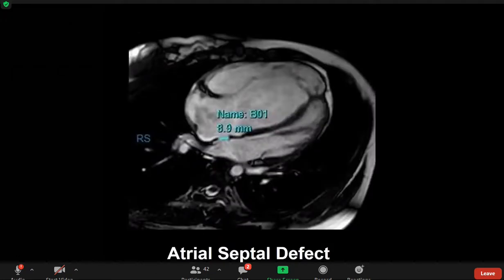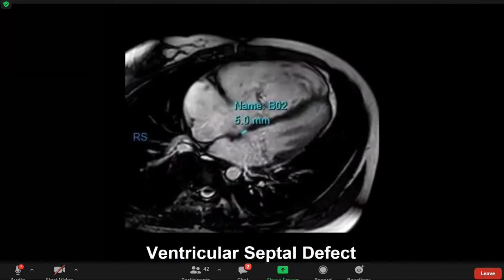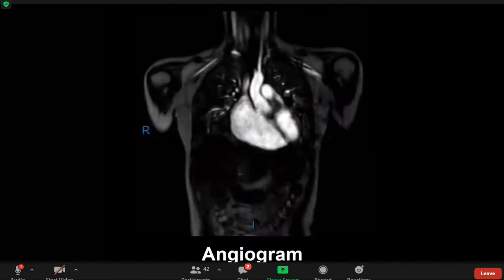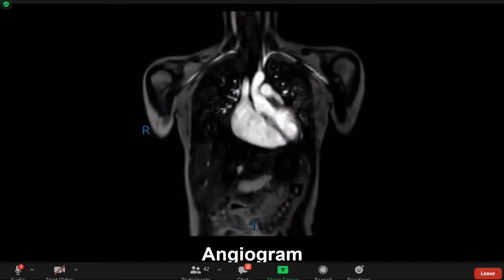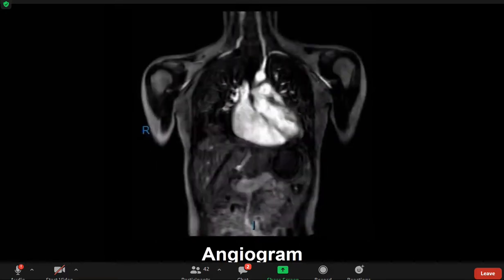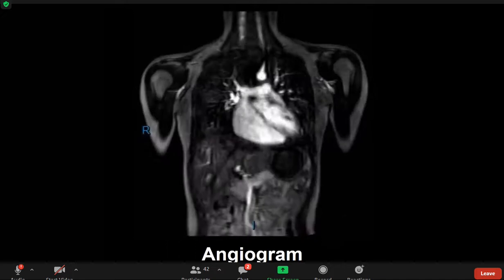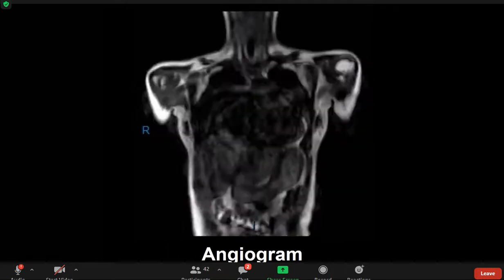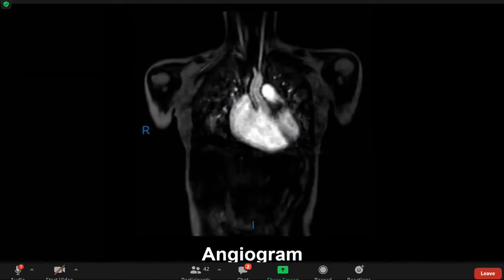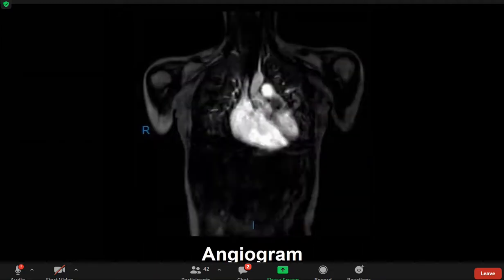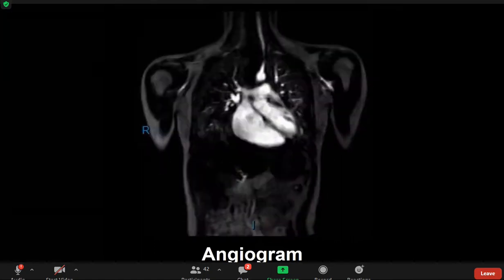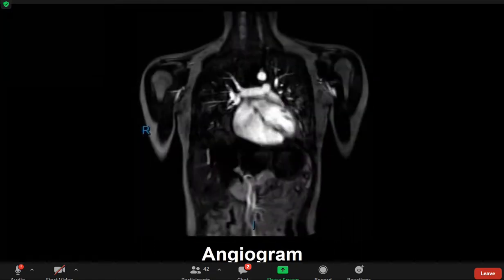Other associated findings we saw in this patient is the atrial septal defect and the angiogram. This sequential angiogram shows us that there's already bidirectional flow in this patient. Usually we'd expect when contrast is given that we'd see it immediately in the right side of the heart. However, you can see in these images that there's already contrast present in the left side of the heart. So you can tell there's already right to left shunting in this patient.